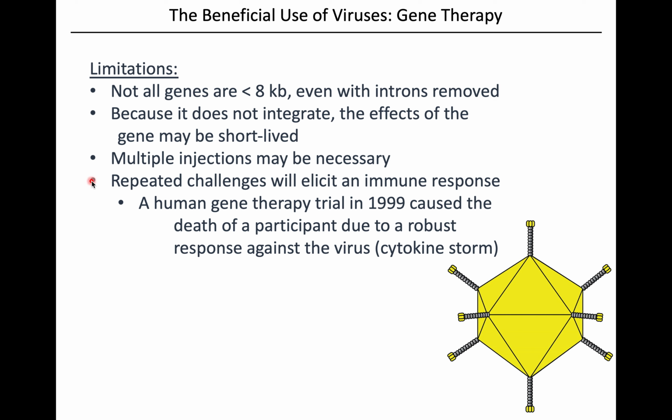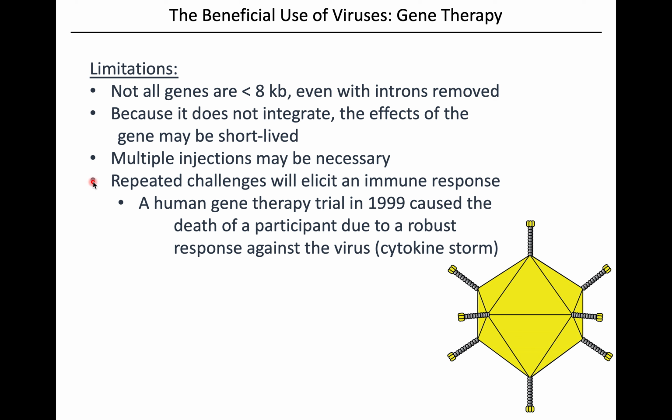And another significant challenge, and this could be true for really any viral vector used for gene therapy, is that because these are human viruses, they can elicit an immune response. One of the very early famous gene therapy trials was using adenovirus.